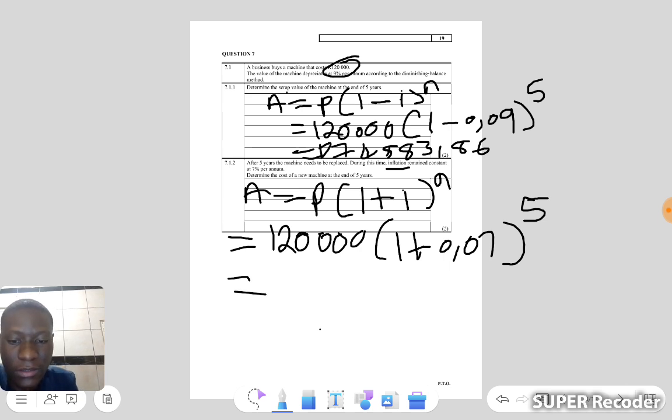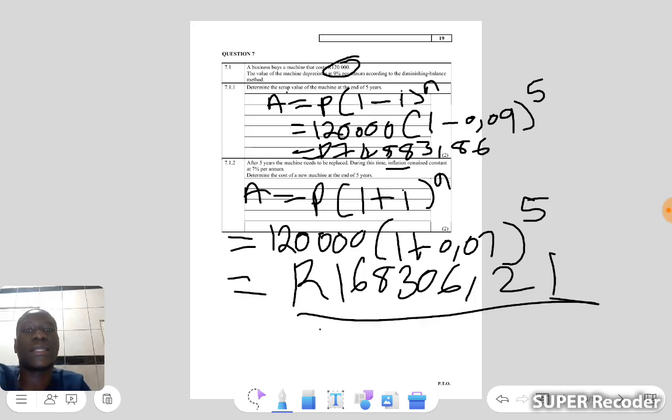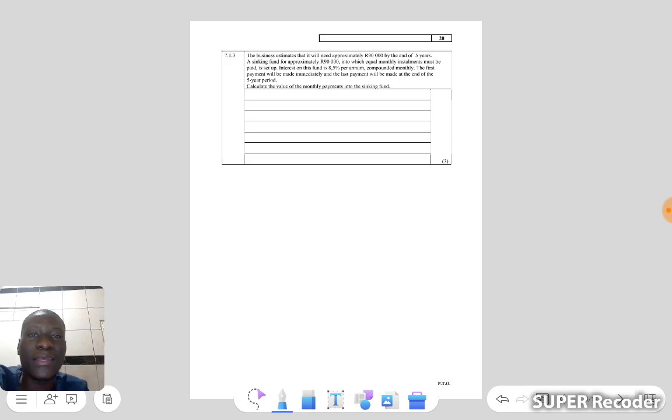Let's find out how much we will have. Plus 0.07 to the power of 5. Yes, we have R168,306.21. This is in rands, right? So I hope so far we are clear and we are together, right? Okay, let's move on.